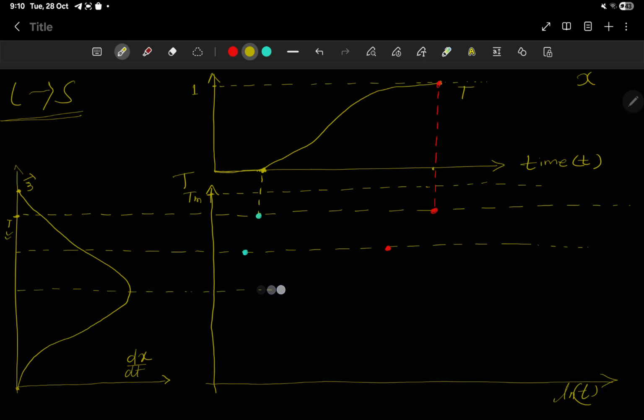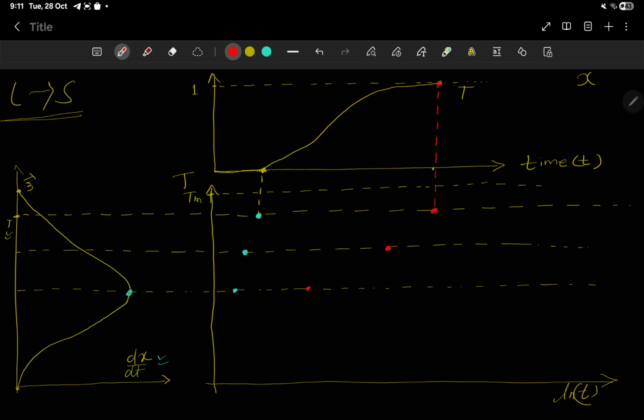Now let's see what is going to happen where dx by dt, the transformation rate, is very high. I hope you can imagine, if the transformation rate is higher, it will take very little time for nucleation to start, and for finishing it will also take very little time.